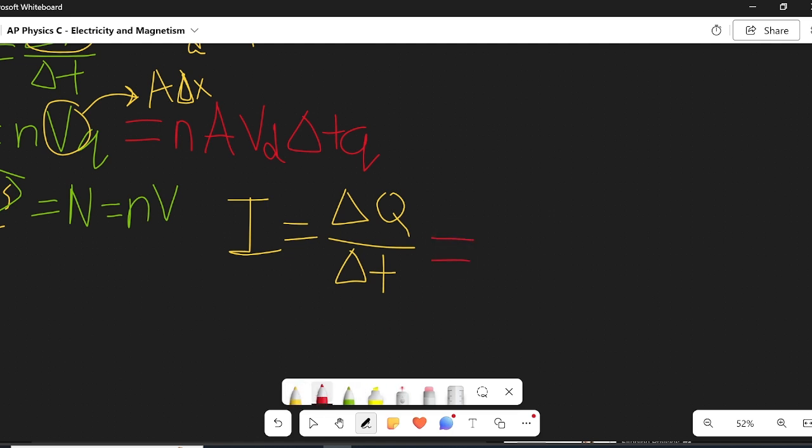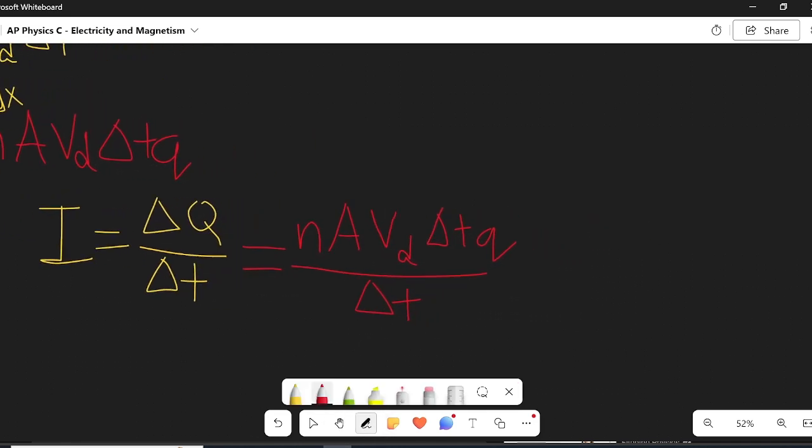This would simplify to N times A, or number of charges times area times drift velocity times delta T times charge, all over delta T. And in this case, we can cancel out the delta T, and that is equal to the number of charges multiplied by area multiplied by drift velocity multiplied by charge.